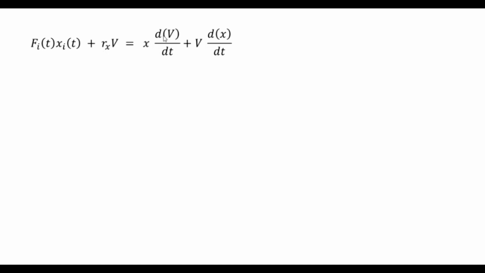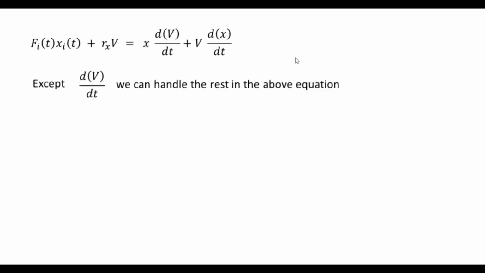So x dV/dt plus V dx/dt is the expansion of d(xV)/dt. So all these terms are still there. Except this term dV/dt, we can handle the rest. We know the inlet feed rate as a function of time, we know the inlet cell concentration as a function of time, we know the rate of cell formation, and we know the volume of the bioreactor. So this is the only term that we need to handle to get a handle on this equation.